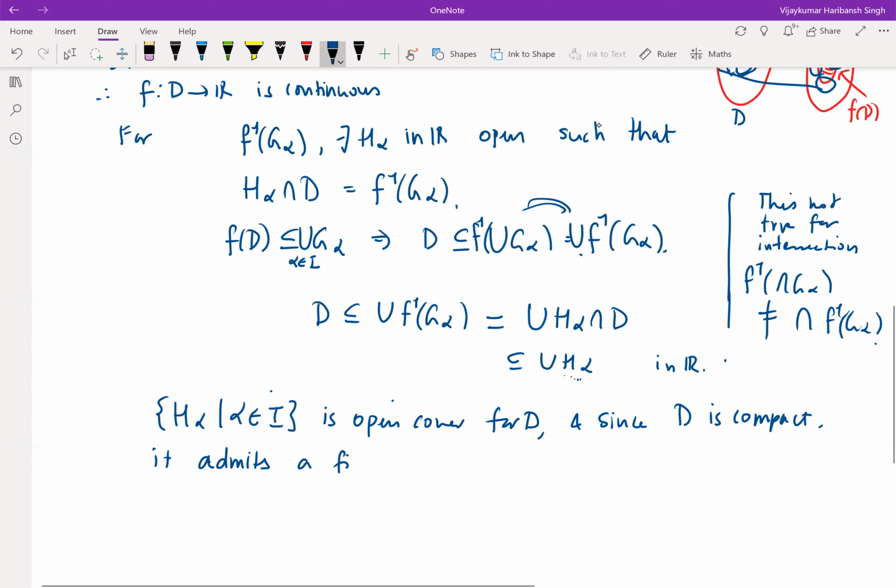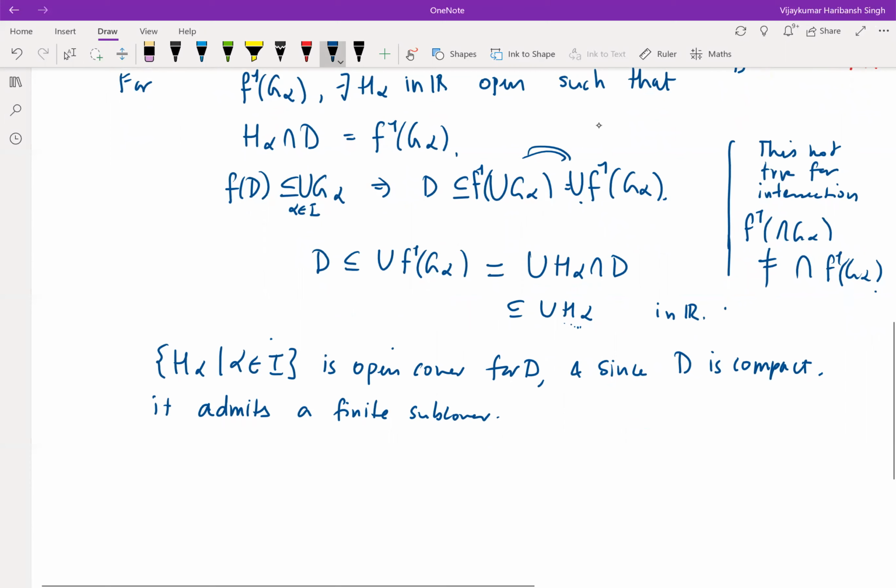Now let's call that subcover H alpha 1 through H alpha k. This covers your D. So D is a subset of H alpha 1 union through H alpha k.